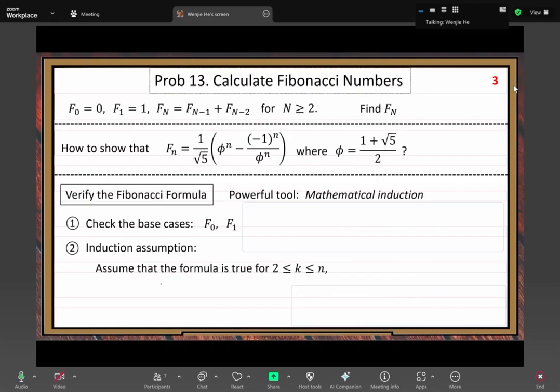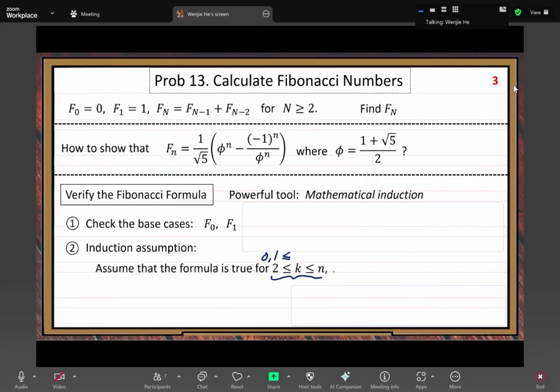Assume that the formula is true for a certain range. This is the certain range. For this lower end, we can extend it to 0 and 1, because 0, we already proved it. We know it's true. So you can include 0 and 1 in the range. Then the upper bound is some n.